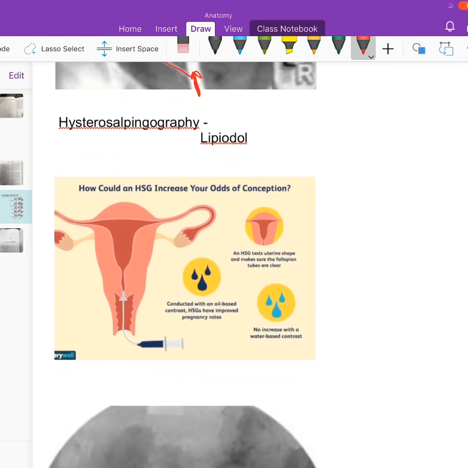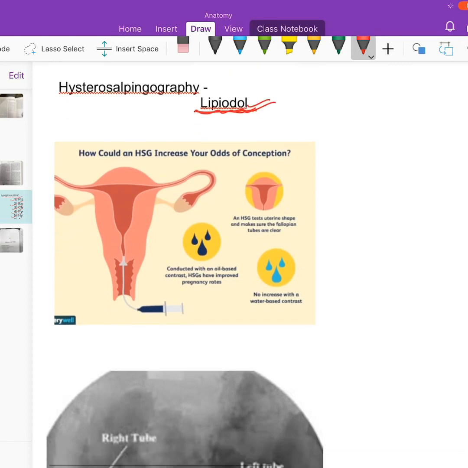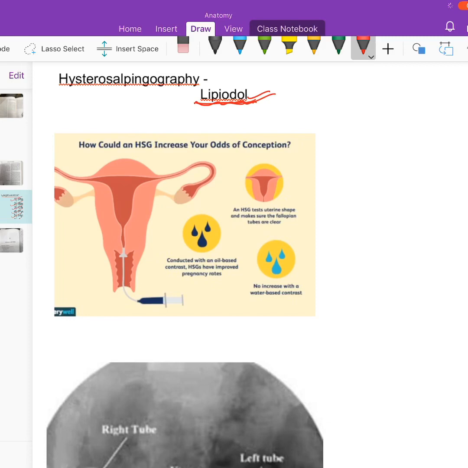To visualize the female genital tract, we use a contrast medium known as Lipiodol. In this study, we introduce a cannula through the cervical canal and inject 6 ml of radio-opaque medium, and an anteroposterior film is obtained.